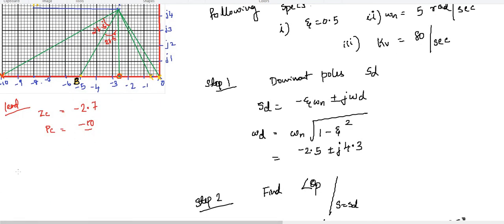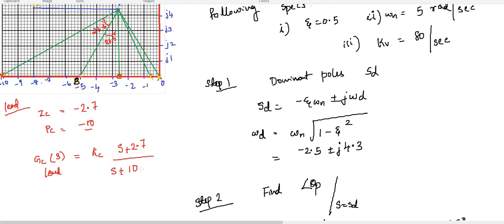If we write the transfer function of the lead compensator or lead section, we can write it as Kc into (s plus 2.7) divided by (s plus 10). That is the transfer function of the lead compensator.